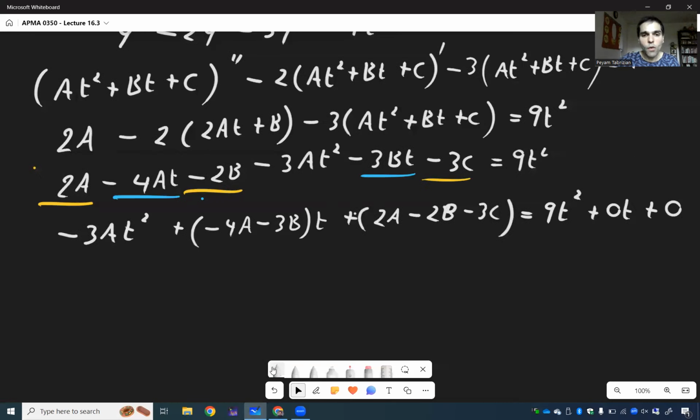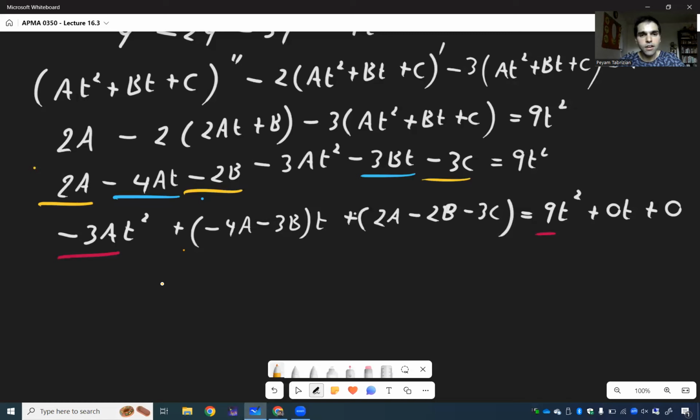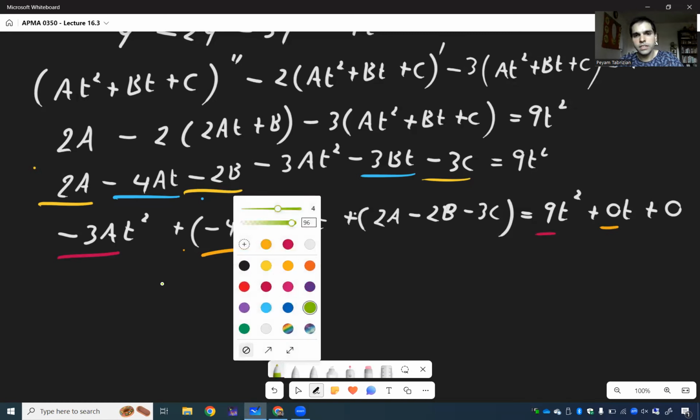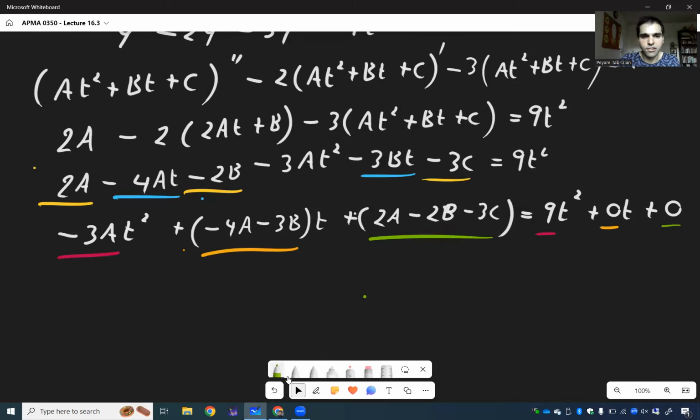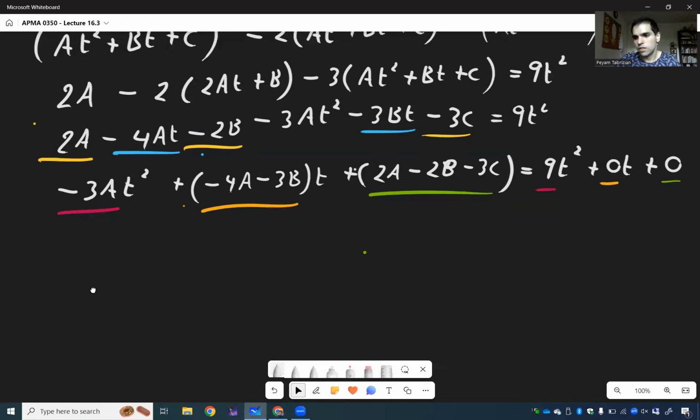And then all we have to do is to compare the coefficients. So minus 3a is 9, minus 4a minus 3b is 0, and 2a minus 2b minus 3c is 0. Okay, so let's do that.